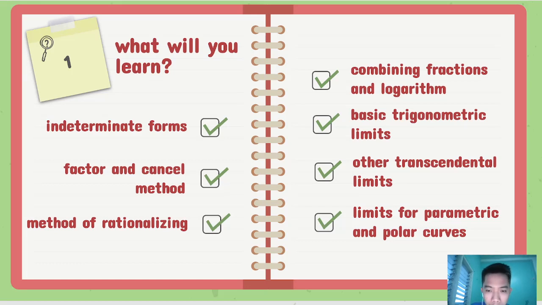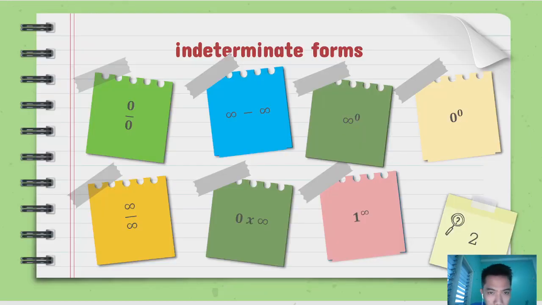Now we will go to indeterminate forms. So these forms here are indeterminate forms: 0 over 0, infinity minus infinity, infinity raised to 0, 0 raised to 0, infinity over infinity, 0 times infinity, 1 raised to infinity.